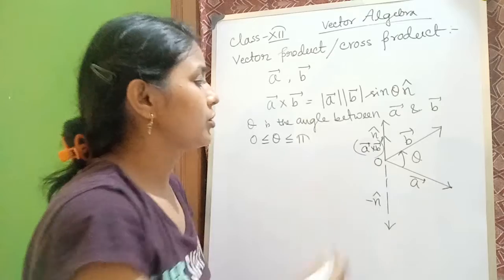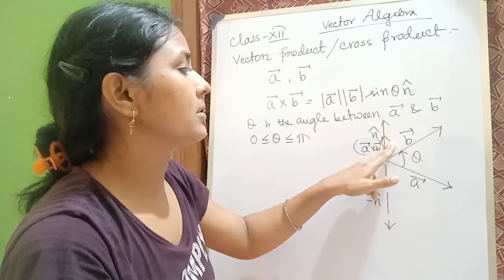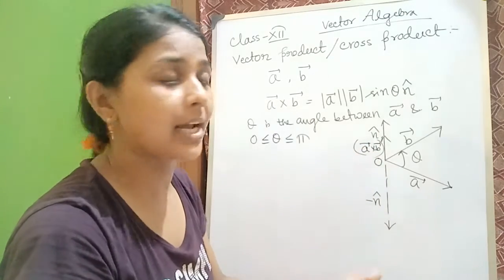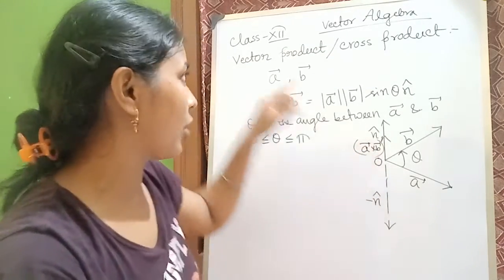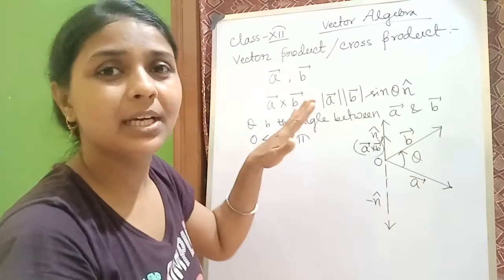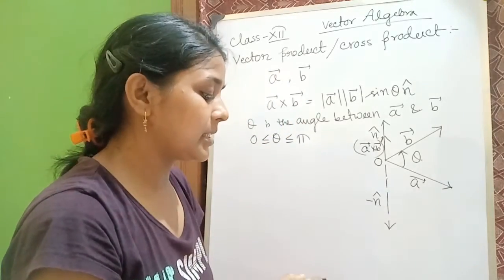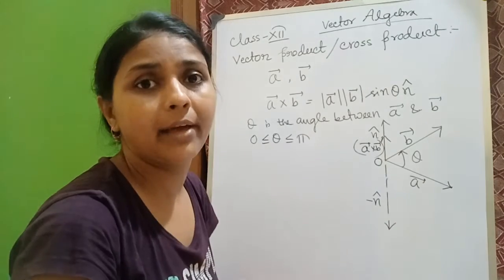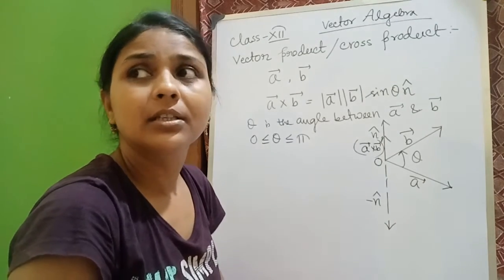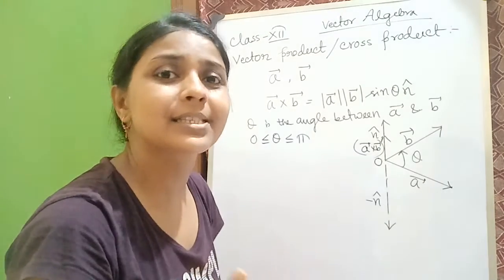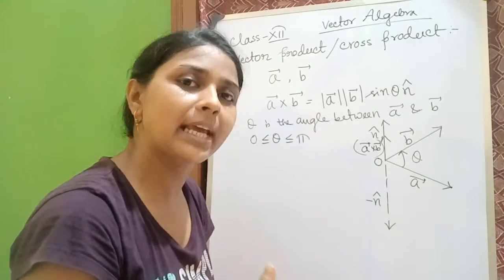So just by the notation you can understand why this product is called the vector product, because its result is a vector. In the dot product you have learned that the result is a scalar, that's why it is called the scalar product.